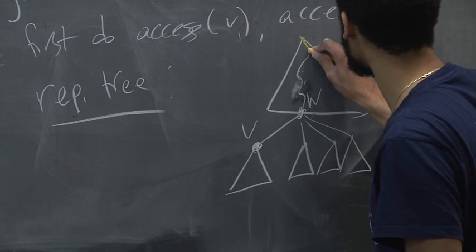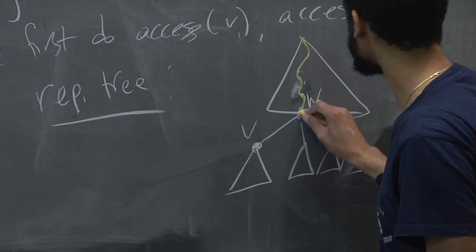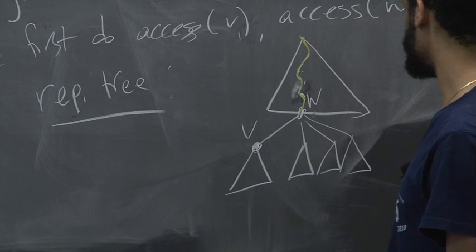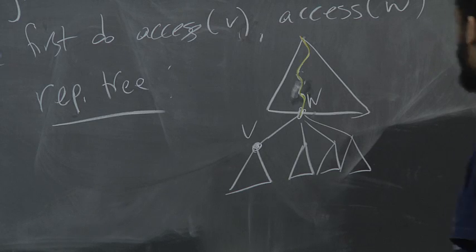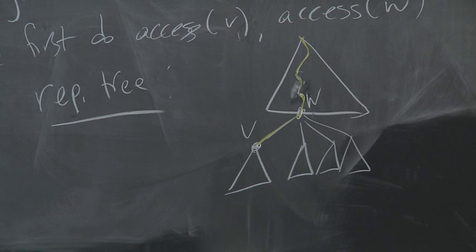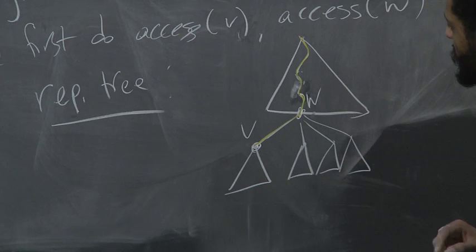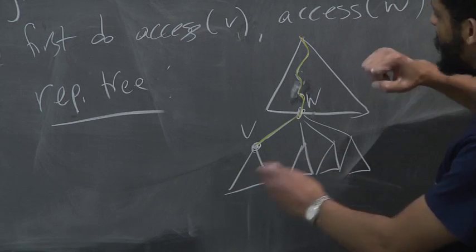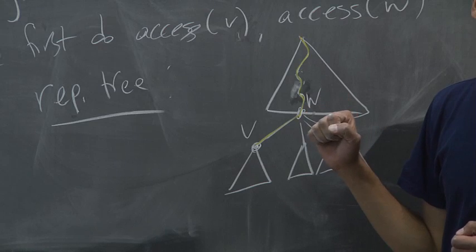This path is preferred because we didn't access on w, and that actually goes all the way down to v. Okay. So we already did the access on v and the access on w, right?